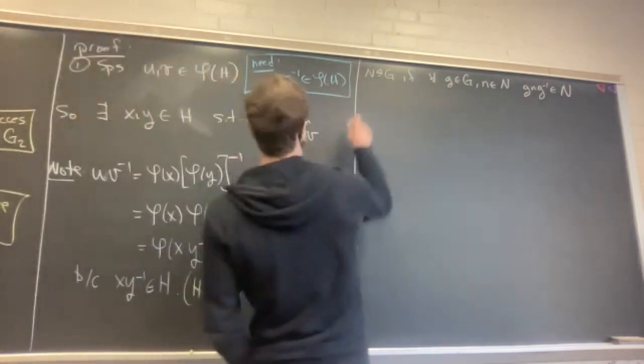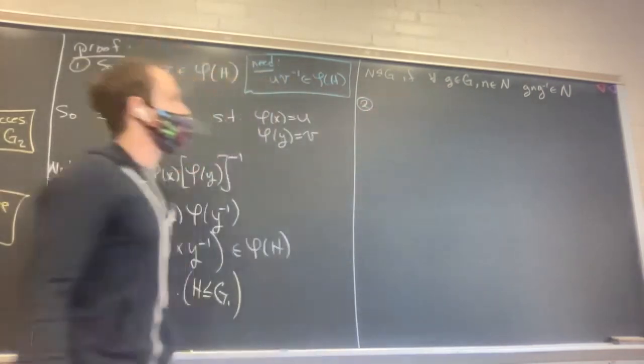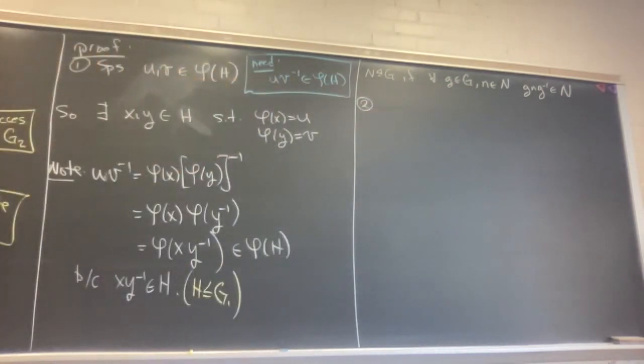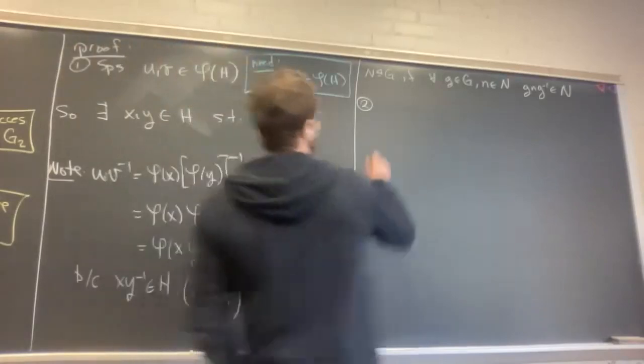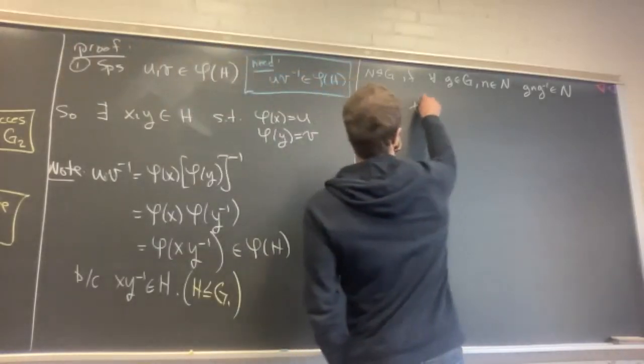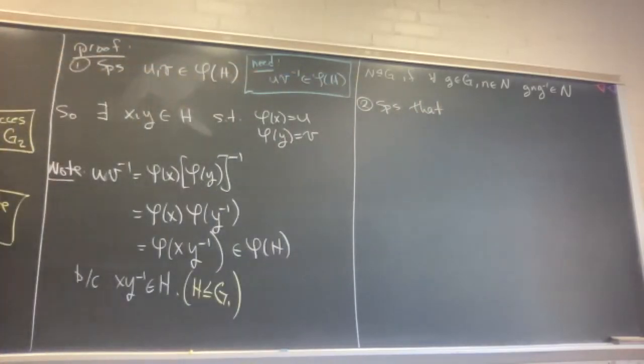Okay, so let's prove number 2 using this criteria of normality. We want to suppose that, well, let's look at what we're trying to do. We're trying to show that phi of H is normal in phi of G1. So that means phi of H is playing the role of N over there, right?